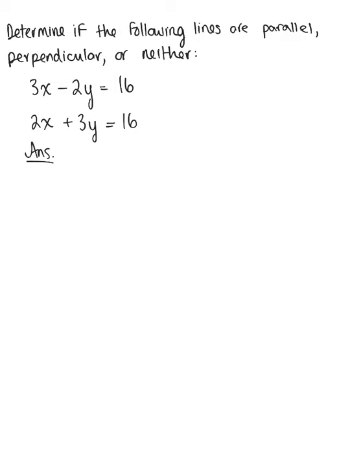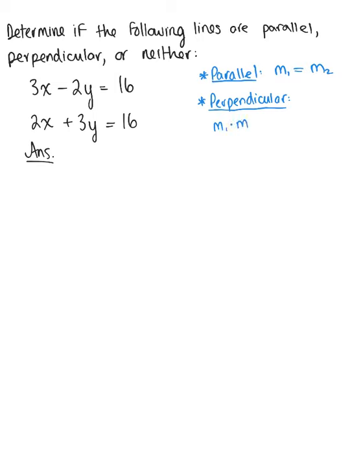Let's quickly recall that two lines are parallel if their slopes are equal. So if the slope of the first line equals the slope of the second line, we say our two lines are parallel. And we say that two lines are perpendicular if the product of their slopes is -1.